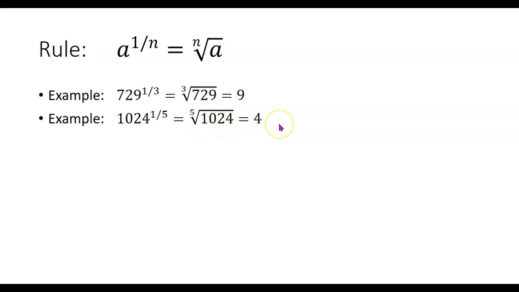And that turns out to be 4. So in general, anytime you have something to a power that's 1 over something, the denominator of that fraction tells you what kind of root that you're taking. Something to the 1/5 power is the same as the 5th root. Something to the 1/3 power is the same as the cube root, and so on.